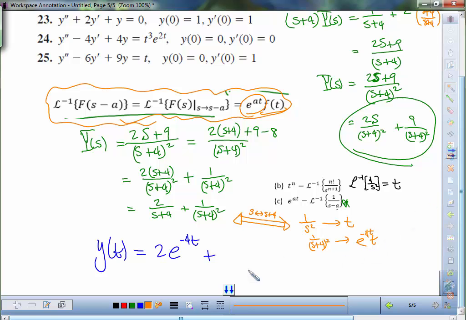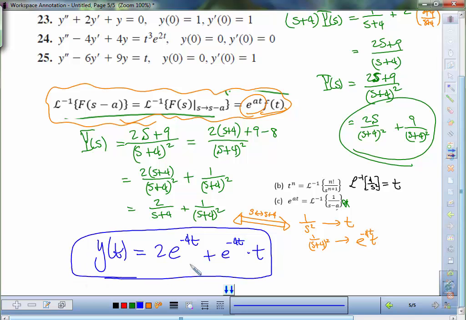So this is going to be e to the negative 4t times t. Whoa. Some crazy stuff, huh?